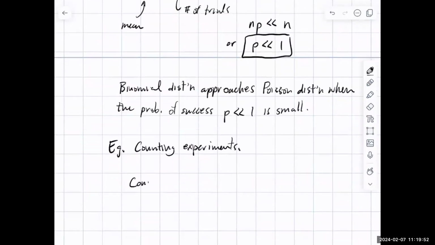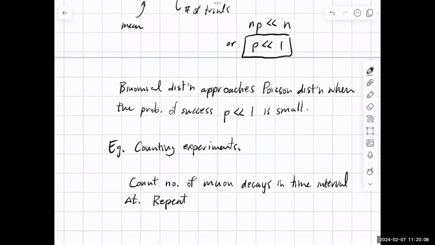So the example is we count the number of muon decays in time interval delta t, and we repeat many times.